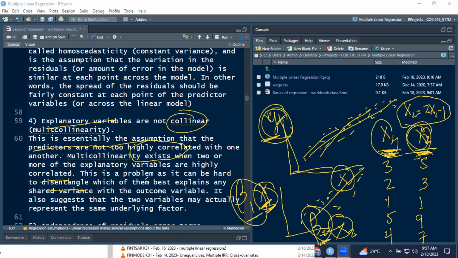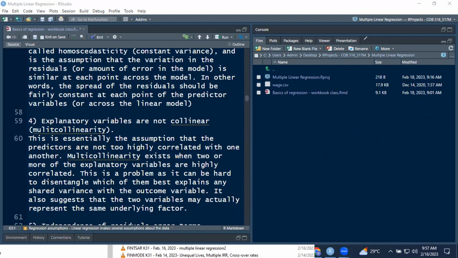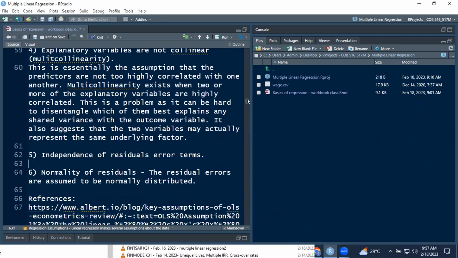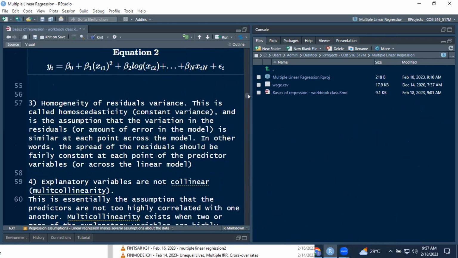Tapos independent dapat. Independent at saka normally distributed. And dapat homoskedastic siya, not heteroskedastic.